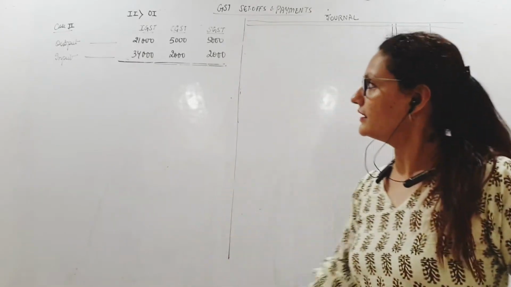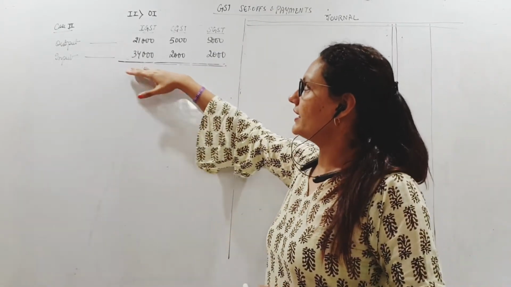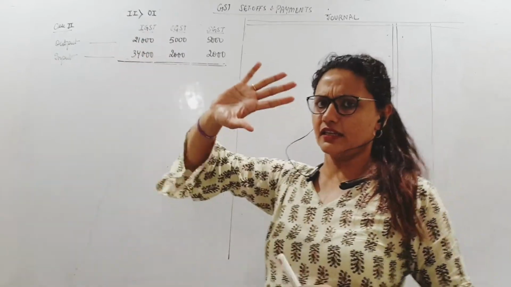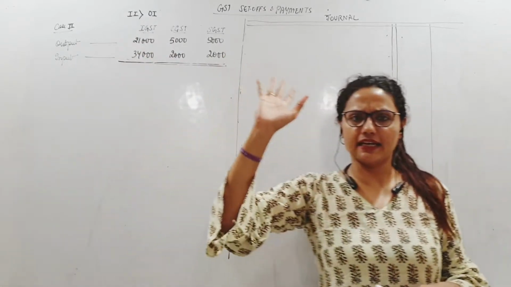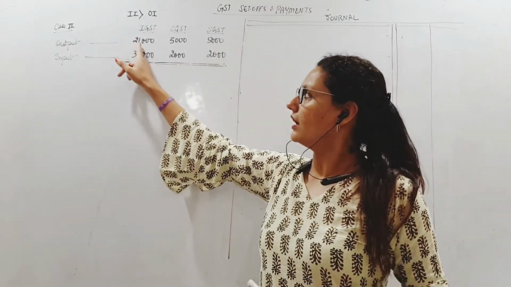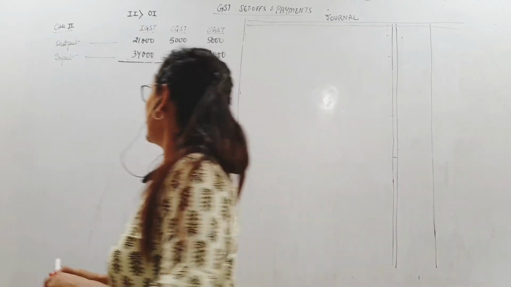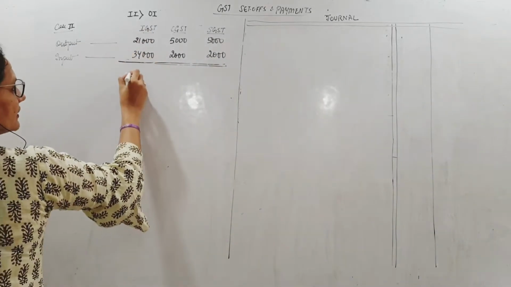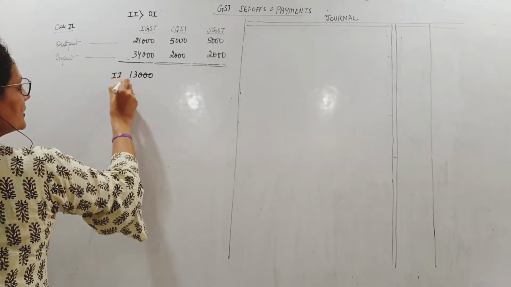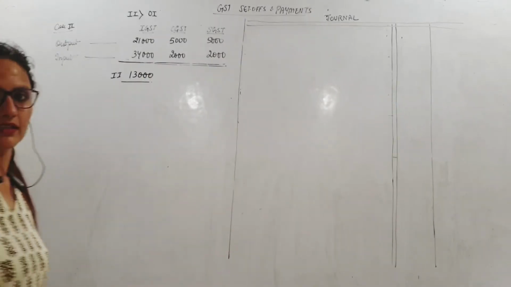In the same premise, here also we see that my input IGST is more than output IGST. ठीक है, तो IGST पहले कैंसिल करना है, सेट ऑफ करना है. At the most I can write off how much? 21,000, right? 21,000 अगर write off कर दिए तो कितना बचा मेरे पास? 13,000 input IGST is still left, right?